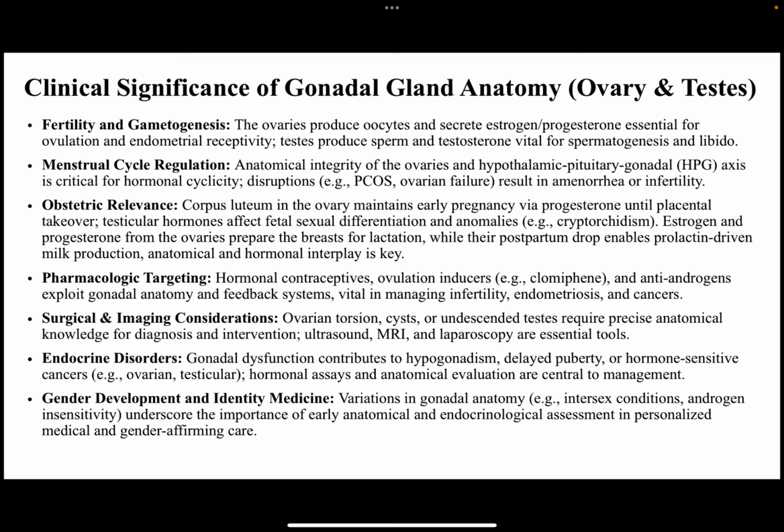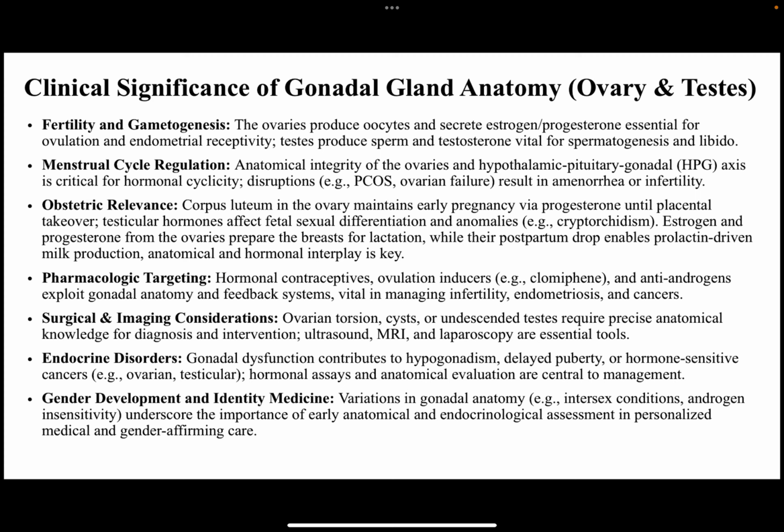If someone comes with fertility issues, ovarian failure, or hormonal issues, you may request certain labs to know how these structures are functioning, or the nature of these structures, so that you can make a very accurate diagnosis.